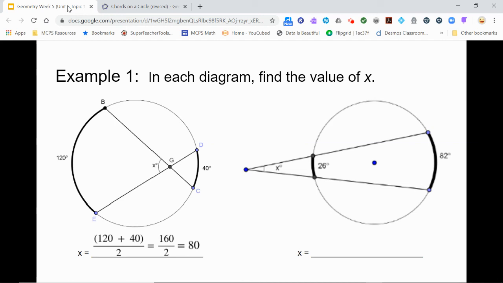In the second problem, the intersection is outside the circle, so 2x equals 82 minus 26, meaning x is equal to (82 minus 26) divided by 2, which gives us 56 divided by 2, or 28. I hope you got them right.